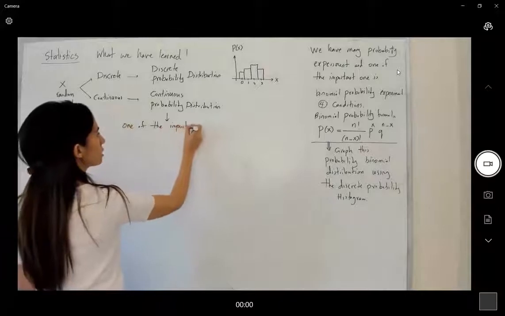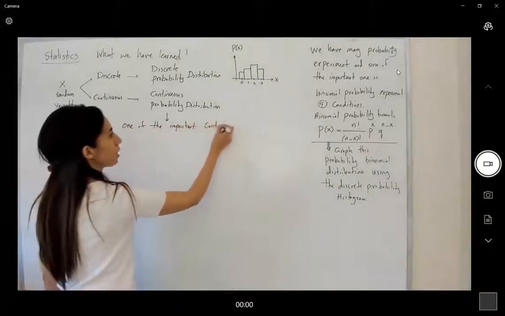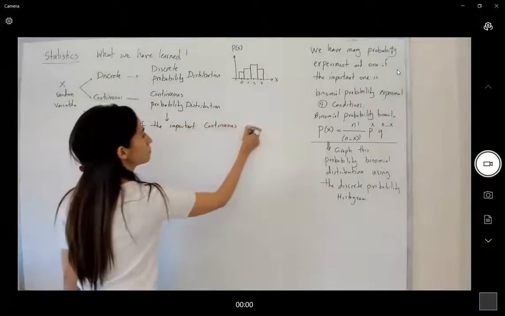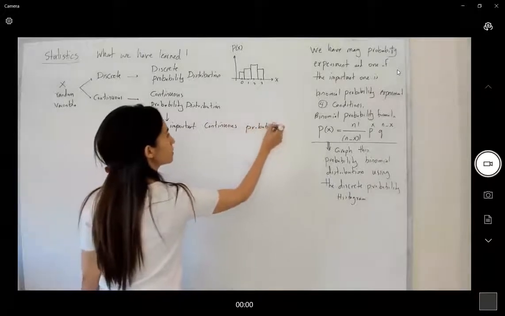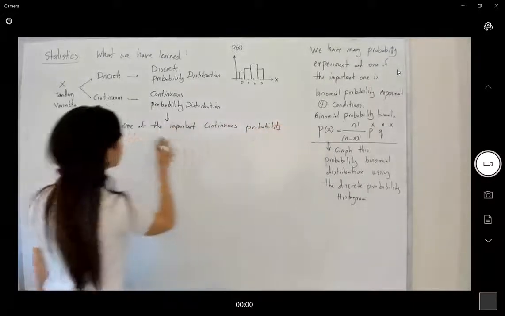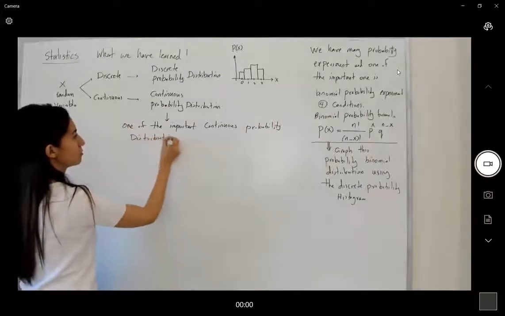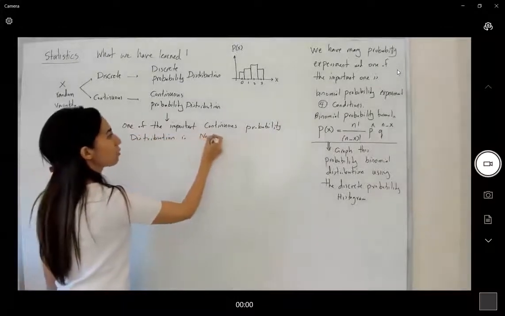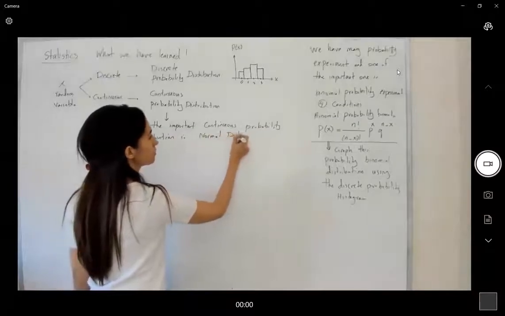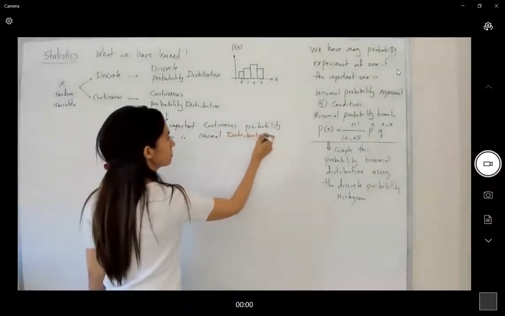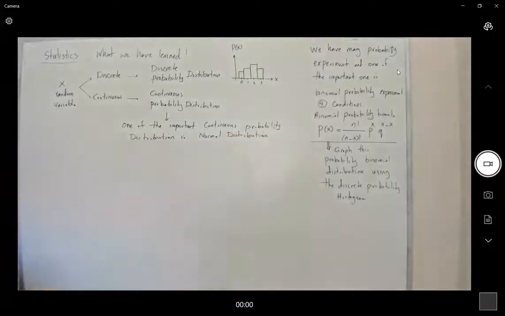One of the important continuous probability distributions is a normal distribution.